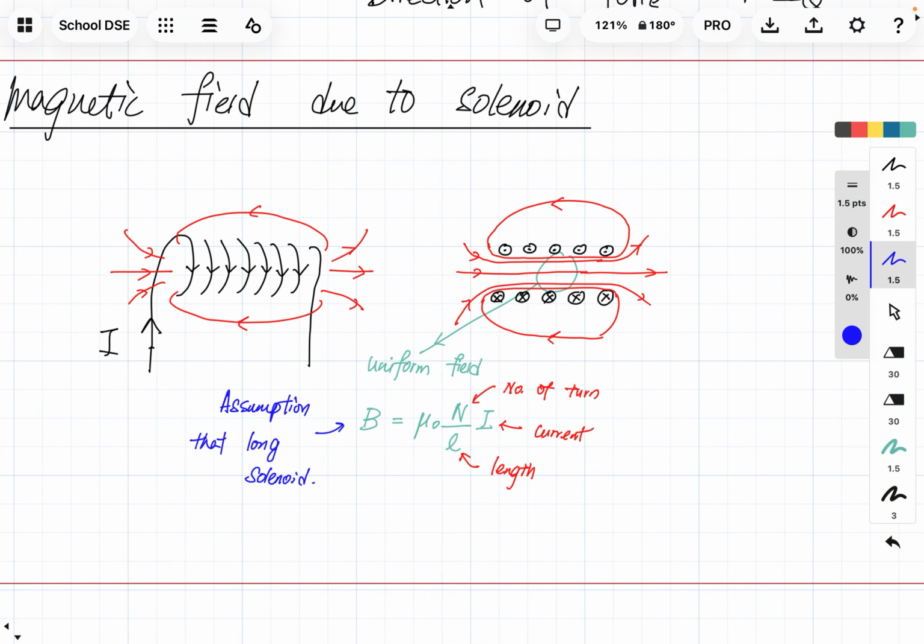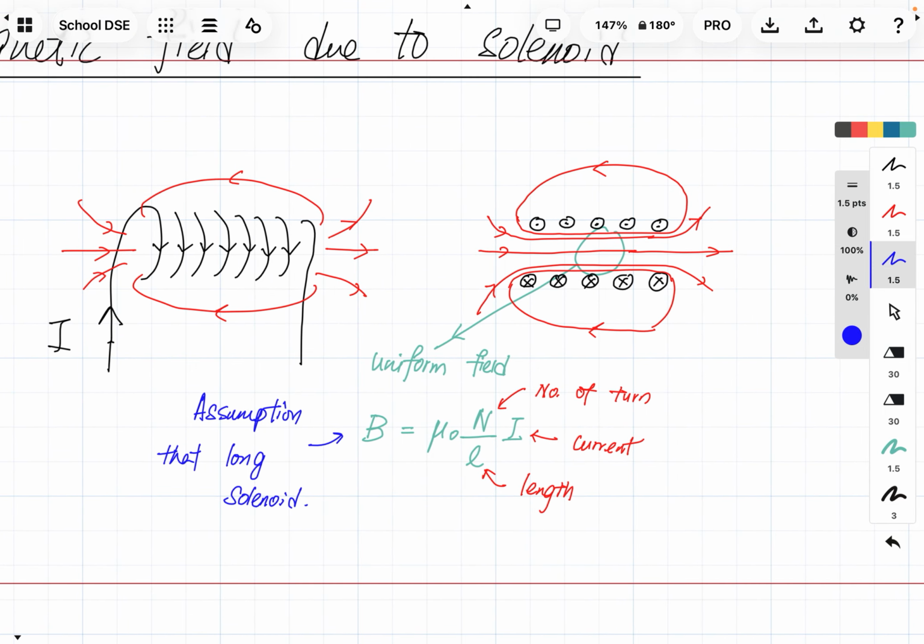You don't need to say, this is shorter, so in order to cancel the B field it has to have more turns. No need. You just need the ratio. In this case, my current is uniform.